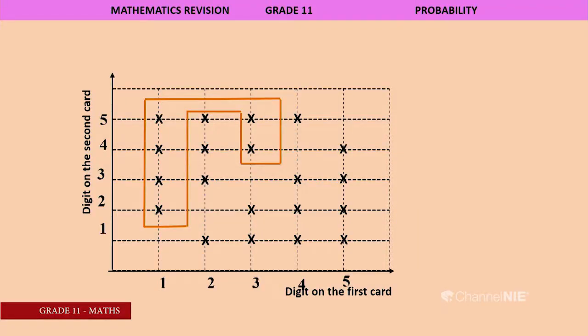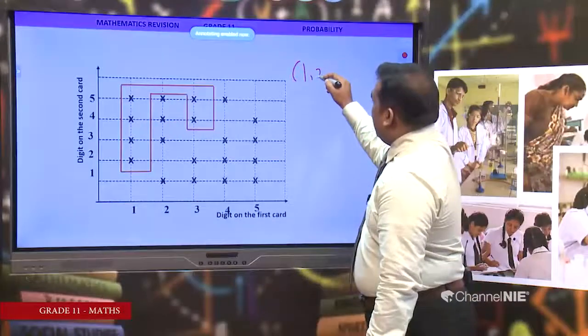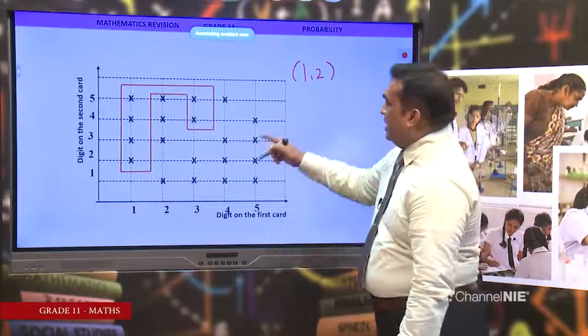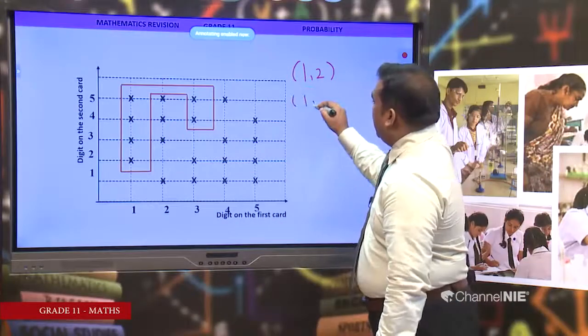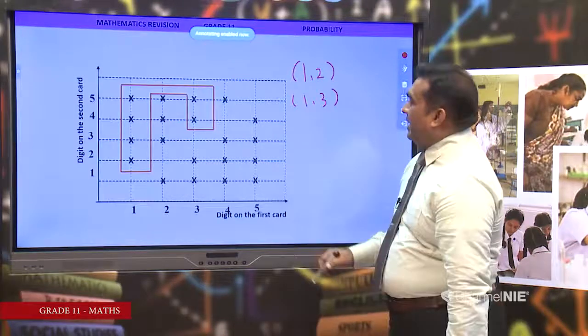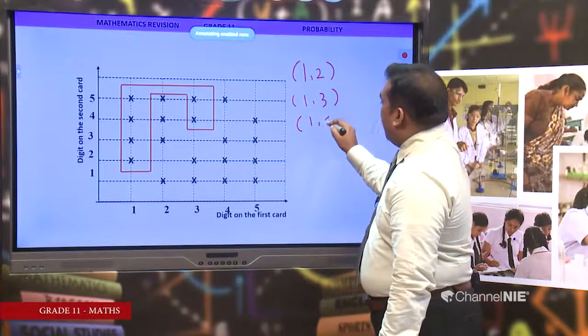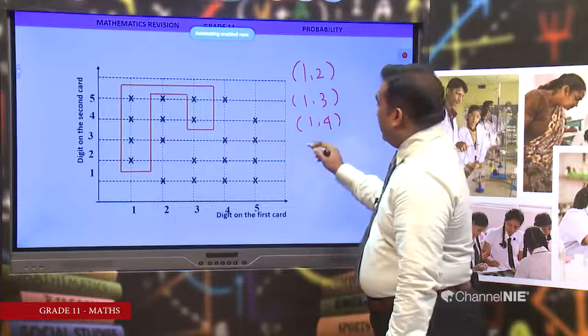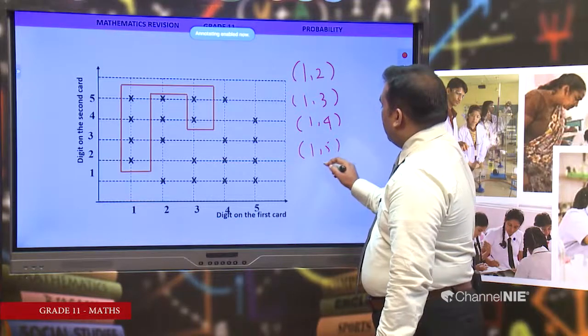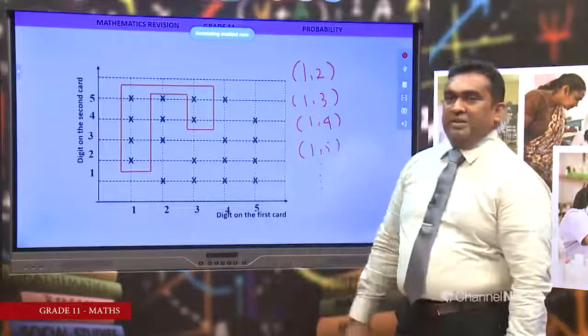Odd one. Can you remember? First digit odd. Here 1, 3. 1, 4. 1, 5. So on.